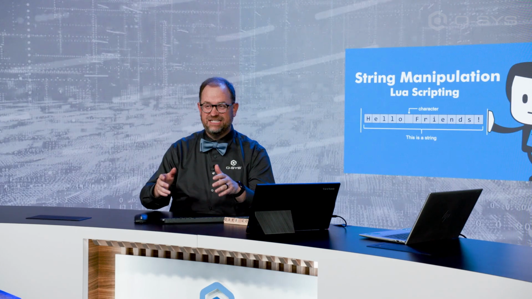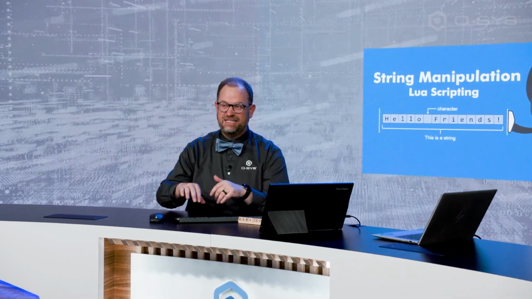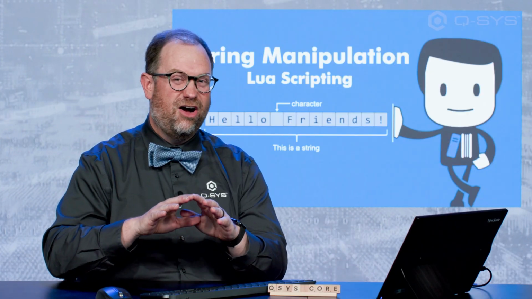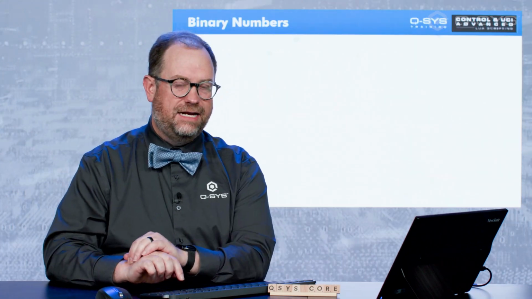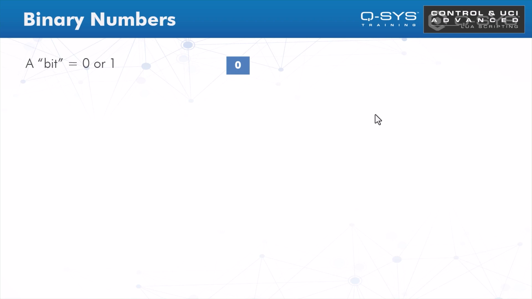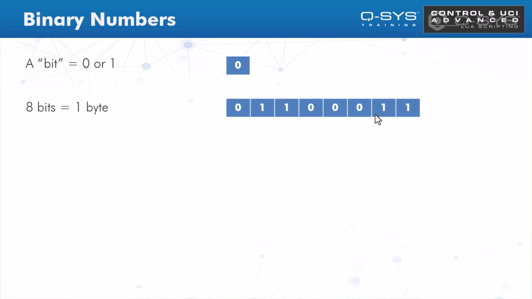Okay, let's actually dive a little bit deeper into how all of this works. When we think about binary numbers, the most fundamental piece of a binary number is called a bit, and it's either 1 or 0. If you take 8 bits together, an allocation of memory, that is called a byte.